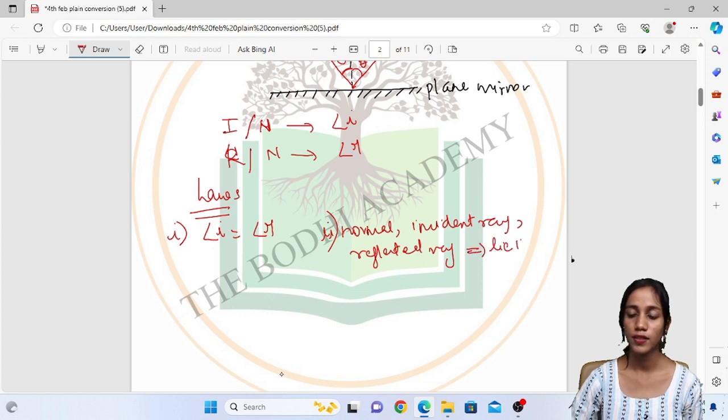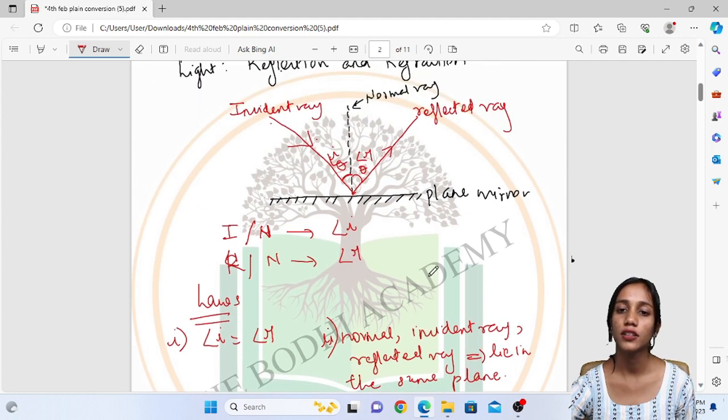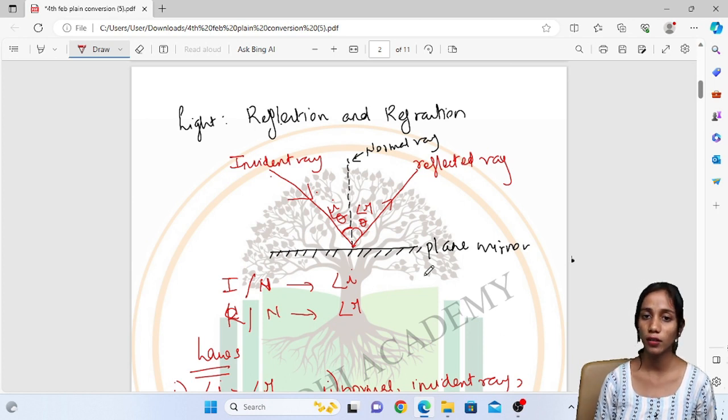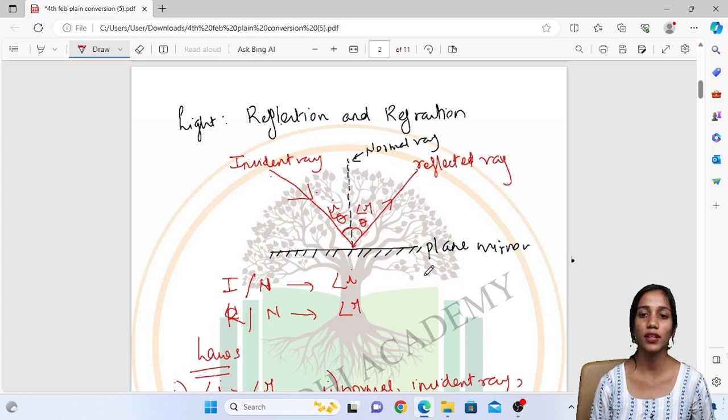These are the two laws of reflection, and they are important as all the reflection part is based on these two laws.